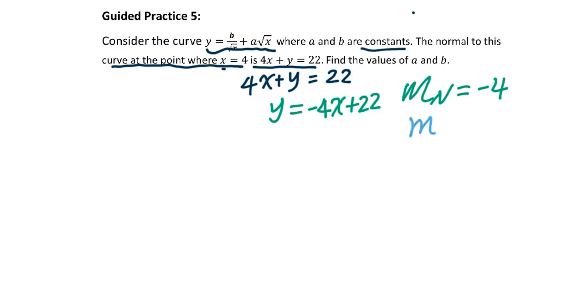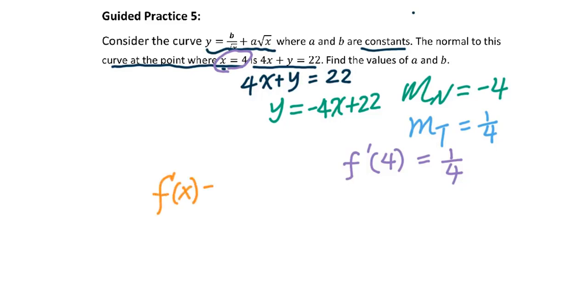Therefore, for the slope of the tangent line, we take the opposite reciprocal, which is 1 over 4. Which means f prime of 4 equals 1 over 4, because this is where x equals 4.